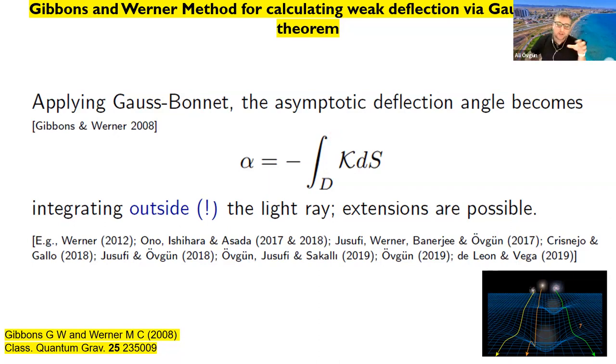So the topological contribution is essential to focusing, and in that sense gravitational lensing can be understood as a topological effect. This is a very important contribution to this method, so we also wrote some papers on it.